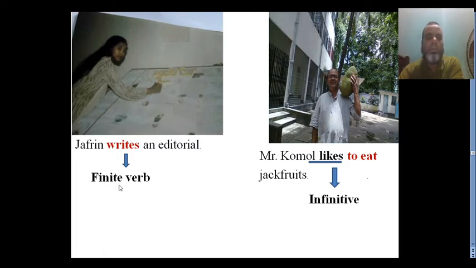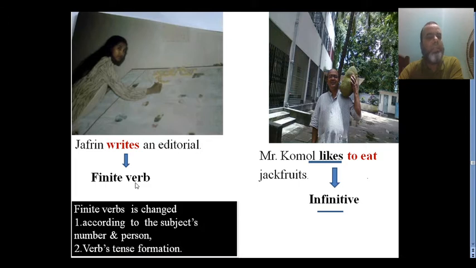So, it is called finite verb. And in a finite verb, the verb form will be changed as per the subject, person, and number. And it also will be changed as per the tense formation of verbs.